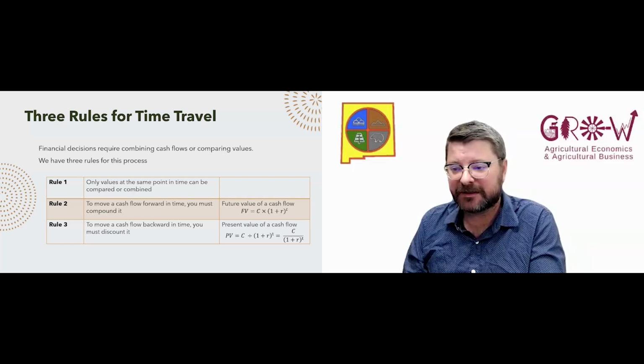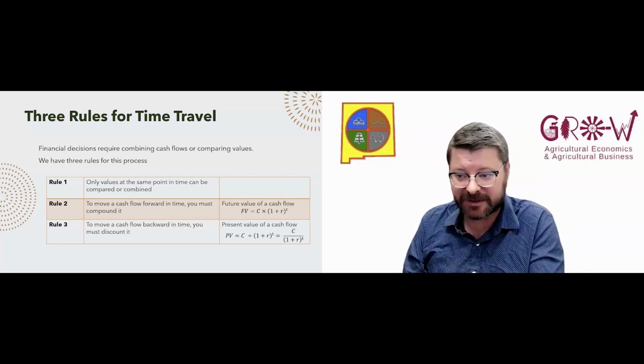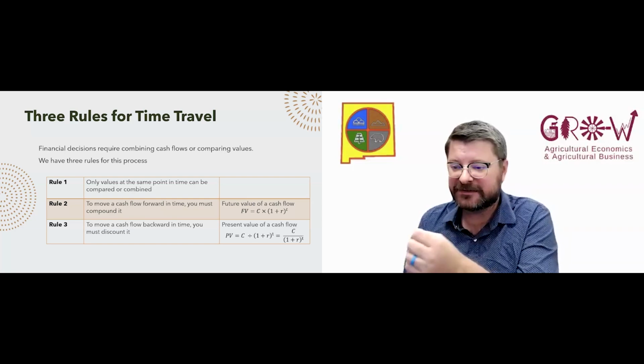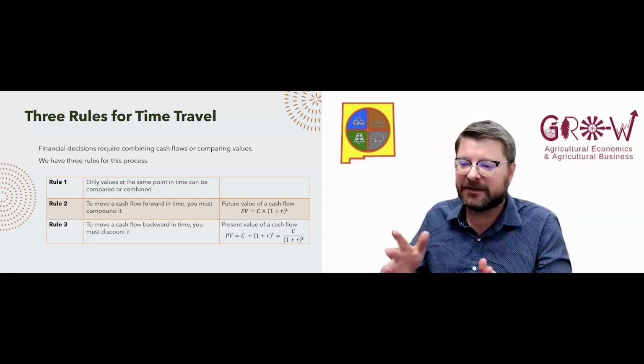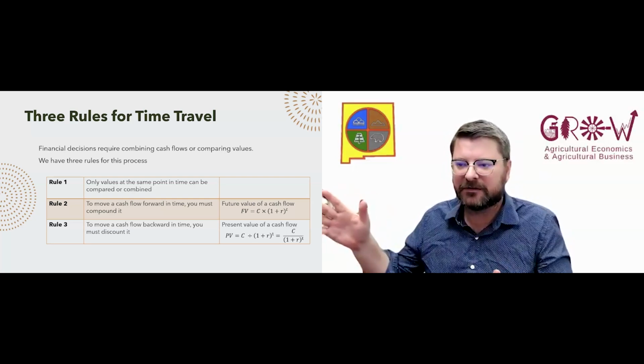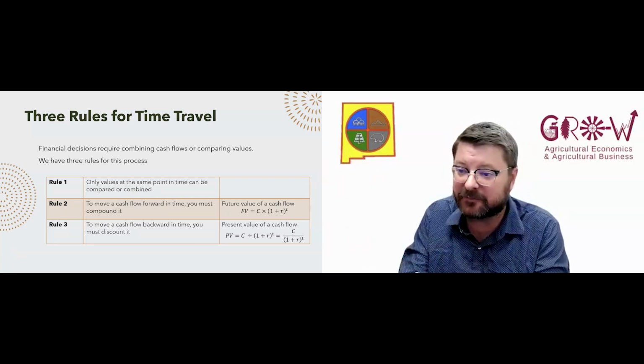And then I'm just multiplying that by 1 plus R, where R is the interest rate, raised to the T power, where T is the number of time periods into the future that I'll be growing my money. So this is the saving example.